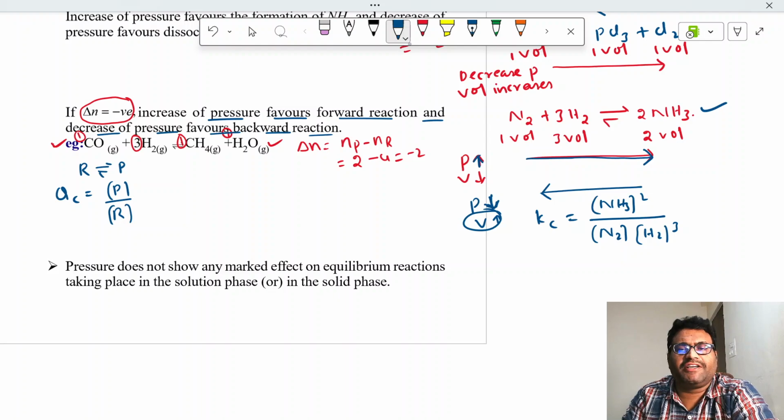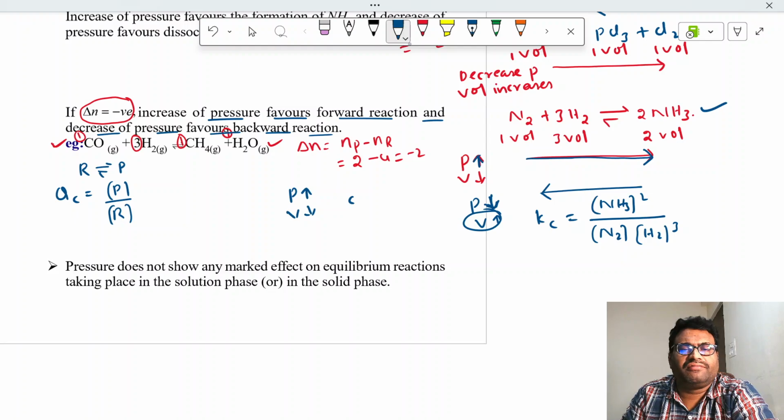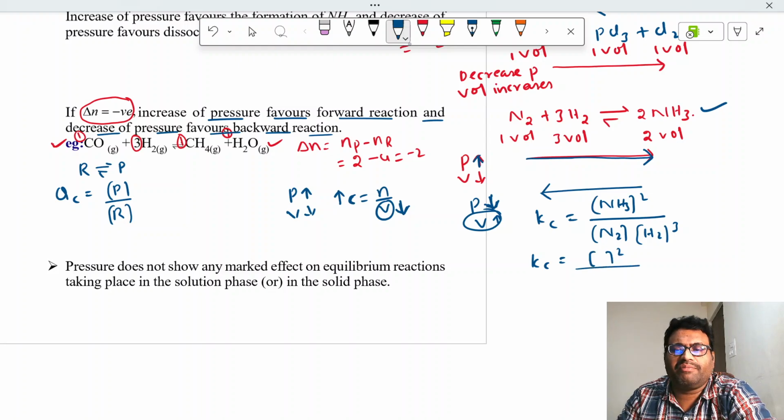So if you increase pressure, for example, for this reaction, if pressure is increased, volume decreases. And we know that concentration is equal to number of moles by volume. If volume decreases, concentration increases. So if concentration increases, in the numerator there is concentration squared, but in the denominator, concentration power 4.